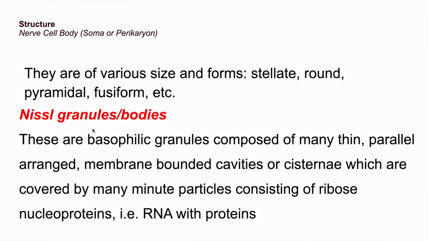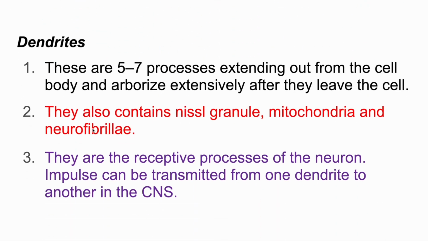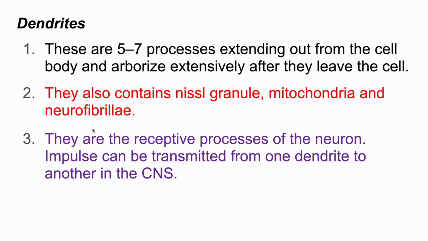They receive information from other cell bodies and send the information to the cyton. 5 to 7 processes are there, and they leave the cell and connect with the other cell.